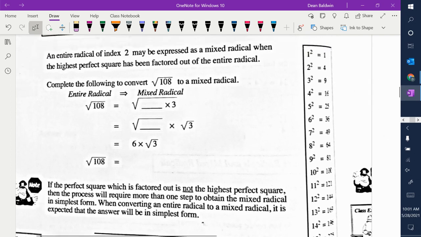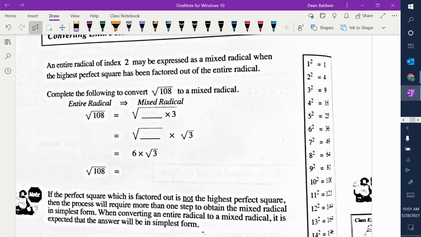So we're going to convert root 108 to a mixed radical. So I want to break up the 108. They've given us the 3. What times 3 equals 108? 36. If you don't know that, that's fine. Just use the calculator.